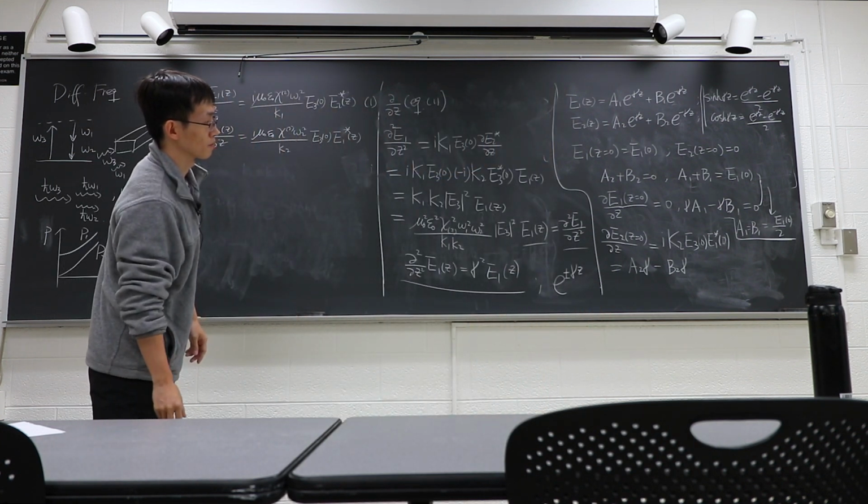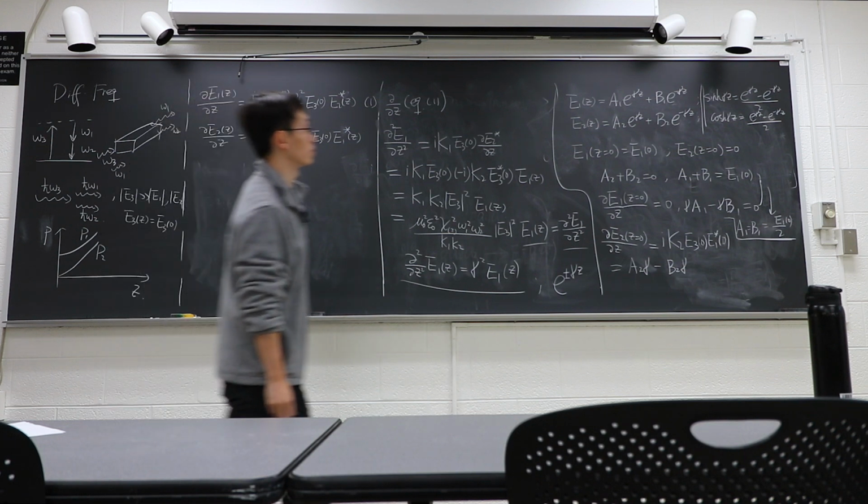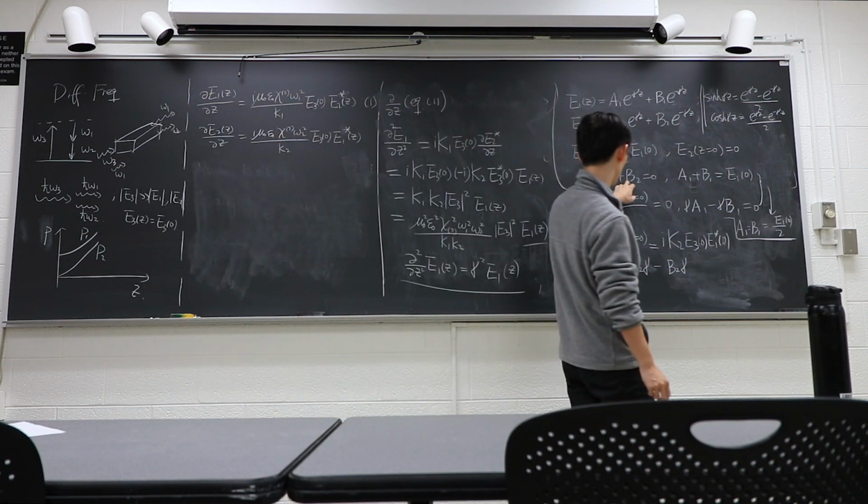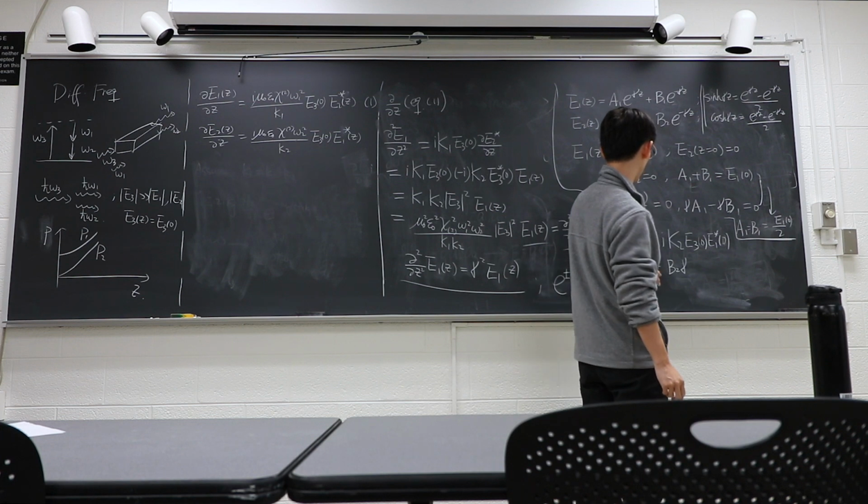So let's do this one. We know A2, B2 are off by a minus sign.